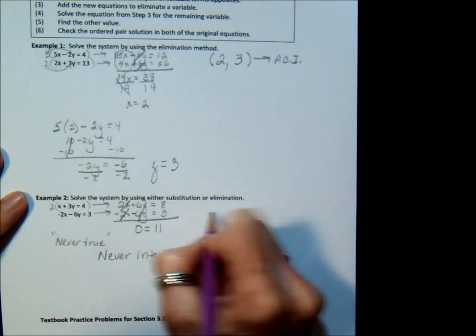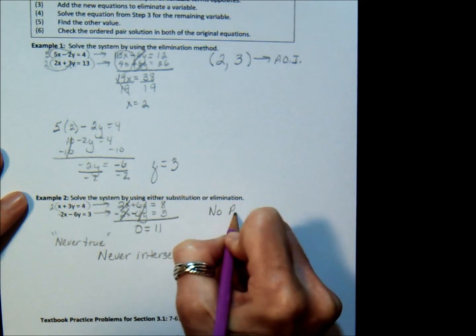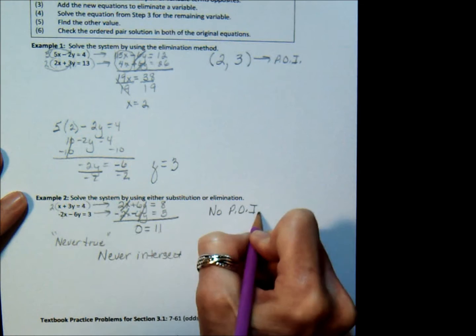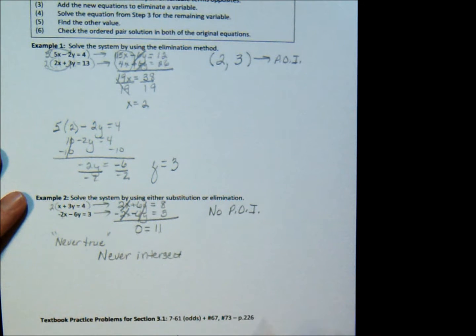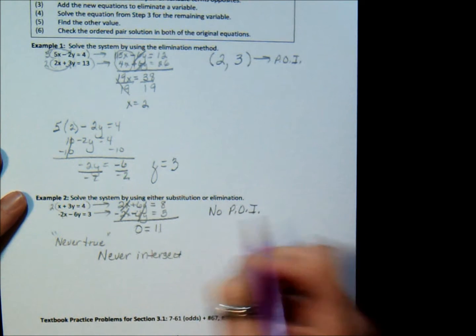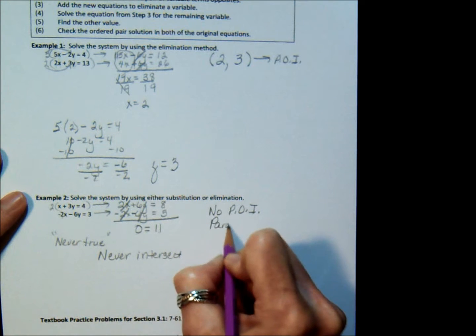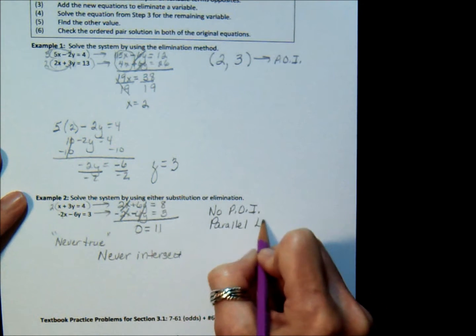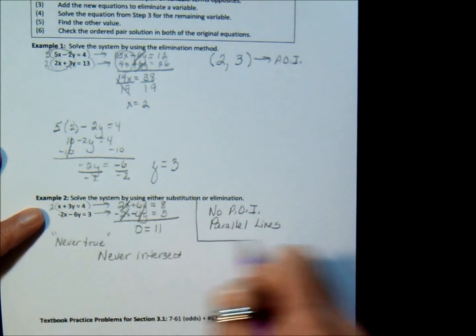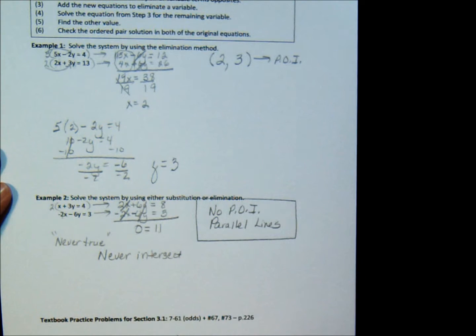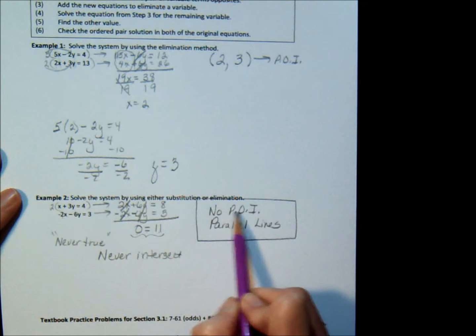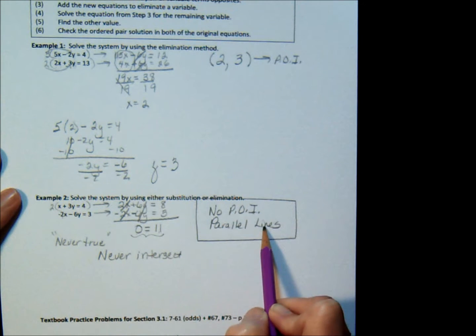In other words, there is no point of intersection. What kind of lines have no point of intersection? Parallel lines have no point of intersection. So what I would be looking for are those two pieces of the solution. I got something ridiculous, so there was no point of intersection because the lines are parallel.